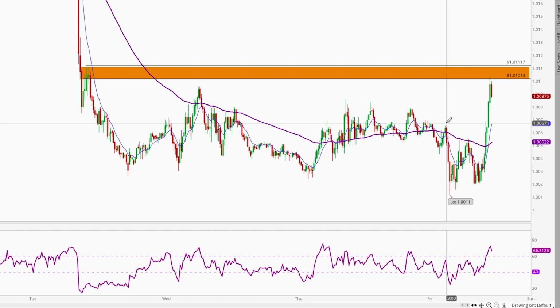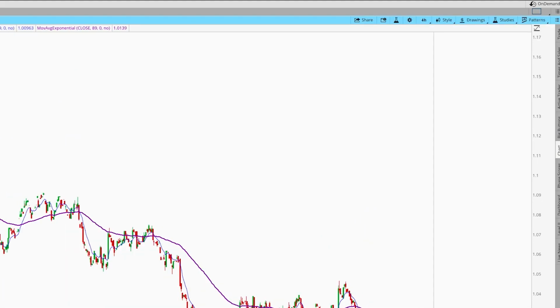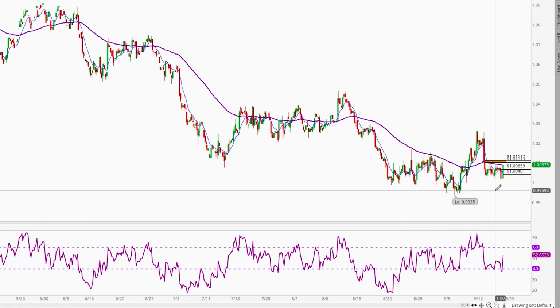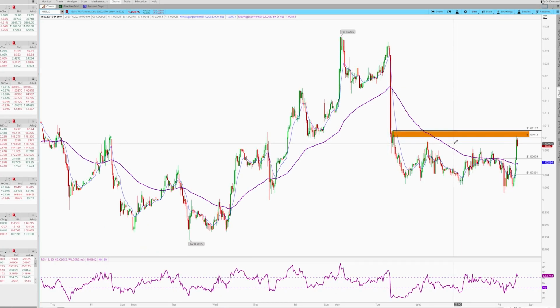So probably about right here is where T1 would be, and then T2 would be here, and then you're below parity. So that takes you out to a larger time frame, and maybe down here around these lows around 995 or something like that. So just food for thought on how to use the dollar and the currencies when we're looking at potential trades.